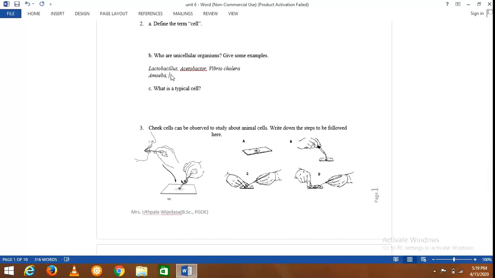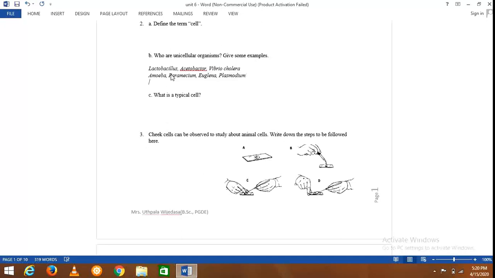And there are protozoans like amoeba. Then there is paramecium, which has the shape of the sole of a shoe. Then there is euglena. All these are protozoans, and in addition to that, there is Plasmodium, which is responsible for causing malaria, and algal varieties like Chlamydomonas.